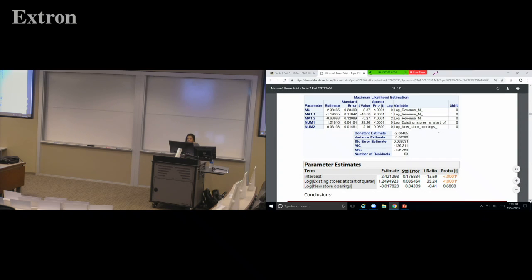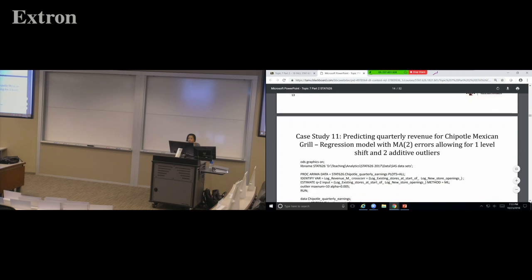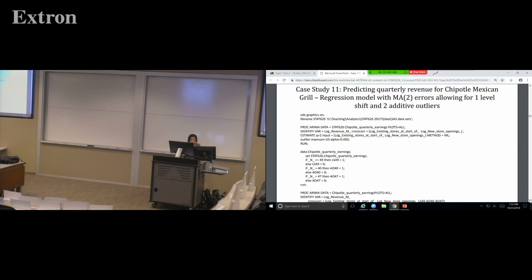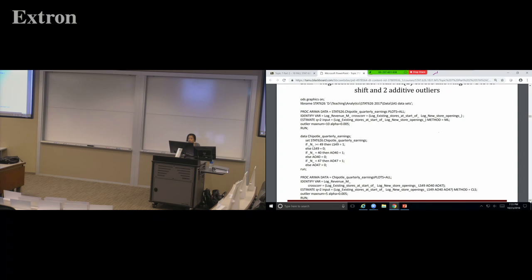Right. So now, actually fitting those additive outliers and that level shift to our data set, the 2 additive outliers and the level shift, and rerunning the model, also checking for further outliers.